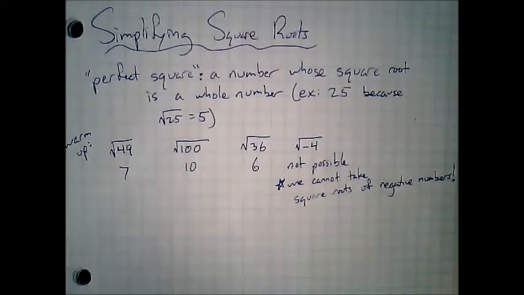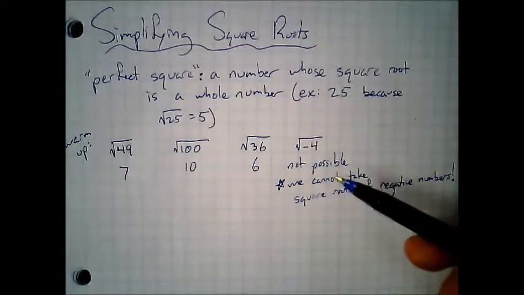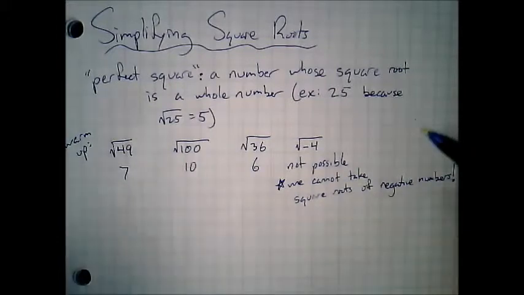We cannot take square roots of negative numbers because 2 times 2 is positive 4 and negative 2 times negative 2 is positive 4. You can't multiply a number by itself and get a negative number, because in order to get a negative number you need one positive and one negative. If you have one positive and one negative, then it's impossible for the number to be multiplied by itself.